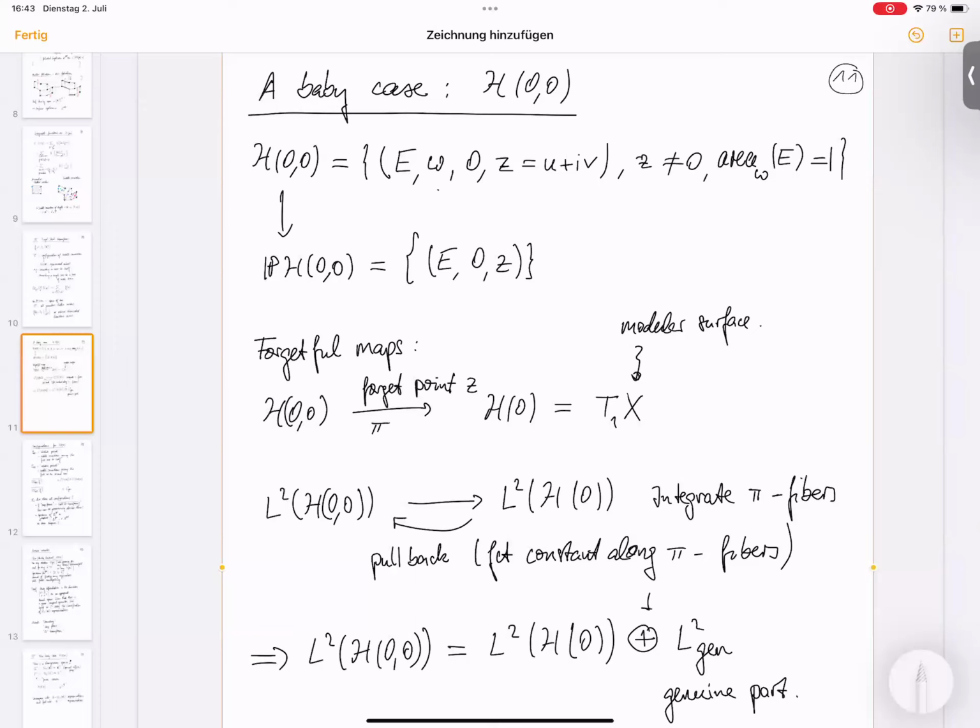And keep in mind that H meant the global area normalization. If I take the projectivized stratum, then I also rotate the differential. But if I also rotate the differential and I know that the area is 1, then the differential form carries no information anymore at all. So the projectivized stratum H00 is just the elliptic curve with two marked points.